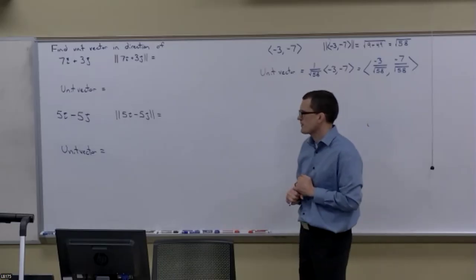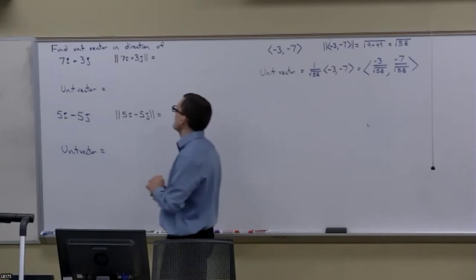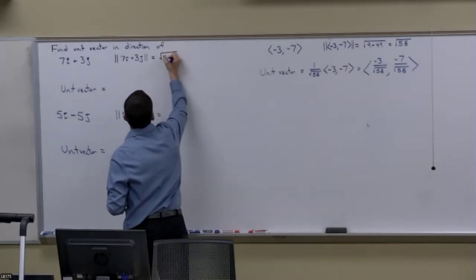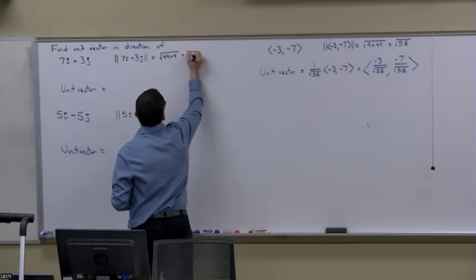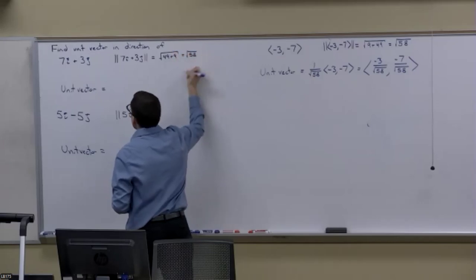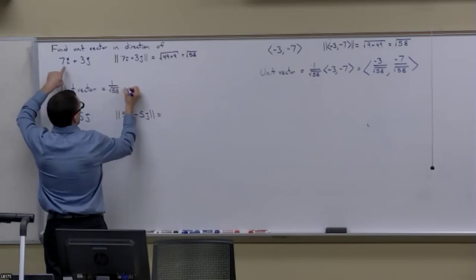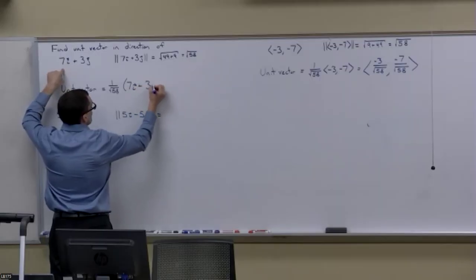All right. So let's go through this. I'll go quickly. 7i plus 3j is going to have a magnitude of square root of 49 plus 9, which is square root of 58. That means the unit vector is going to be 1 over the square root of 58 times 7i plus 3j.